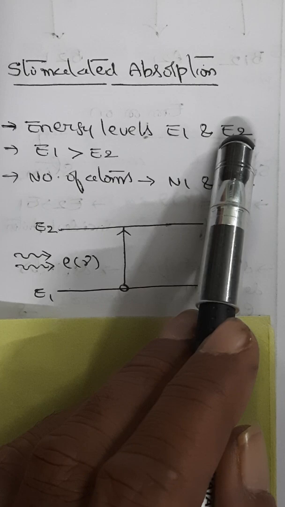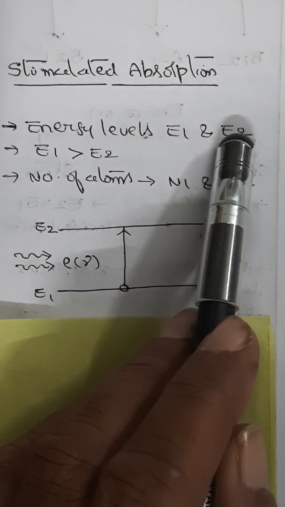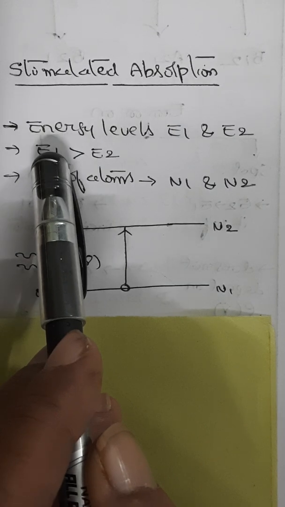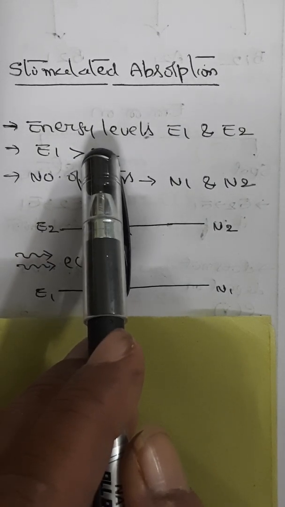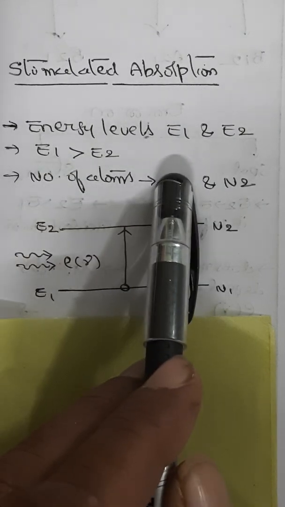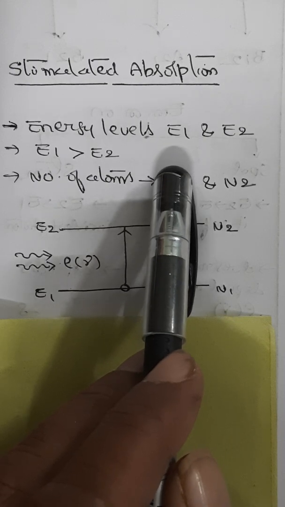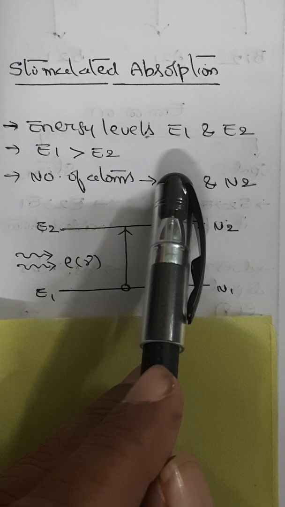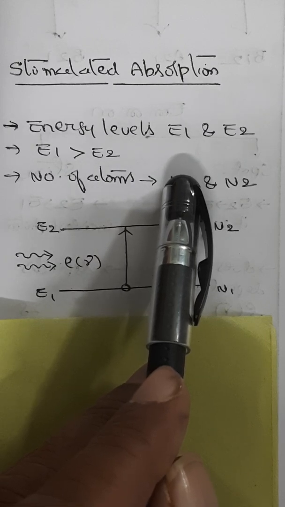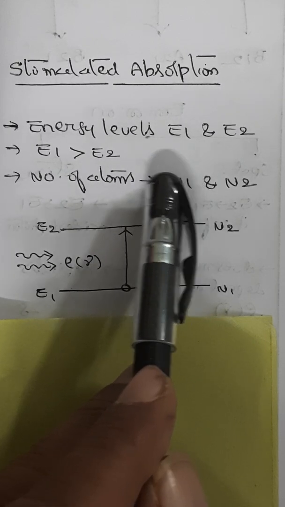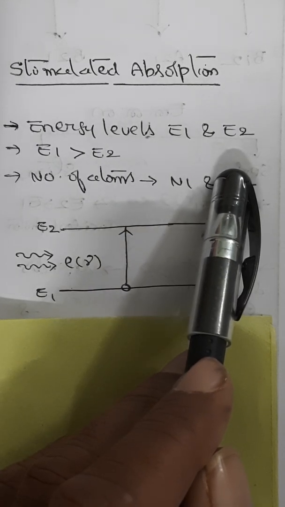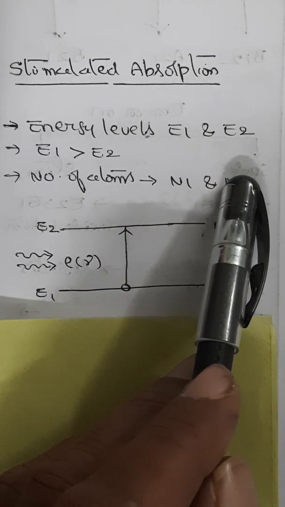Energy level 2 will be having an energy E2 for an atom, such that E1 is always greater than E2. Let N1 and N2 be the number of atoms per unit volume in that energy. That is, N1 is the number of atoms per unit volume in level E1, and N2 is the number of atoms per unit volume in the energy level E2.